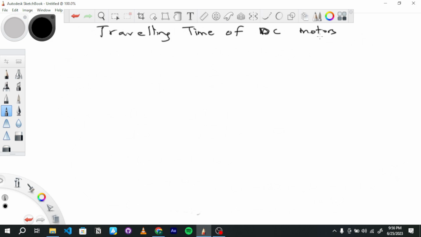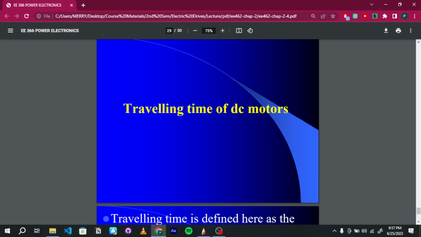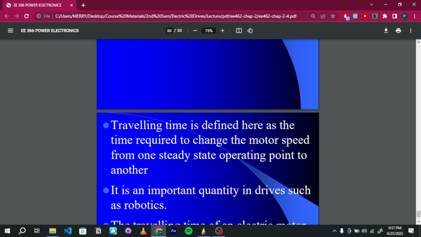Now let's pay attention here. So, what's the traveling time? Traveling time is defined as the time required to change the motor speed from one steady state operating point to another.